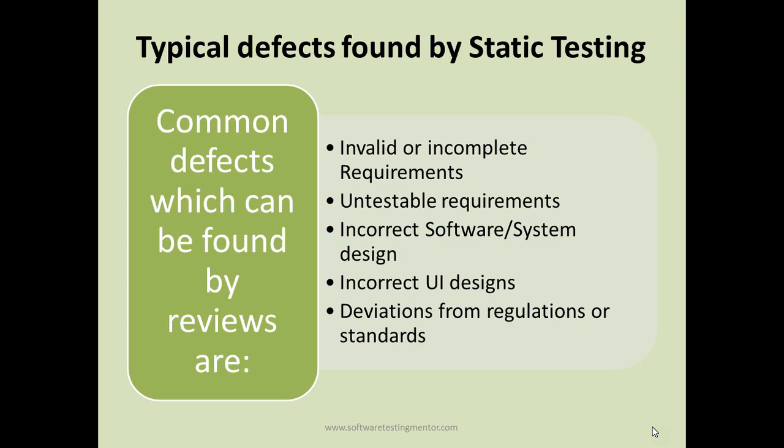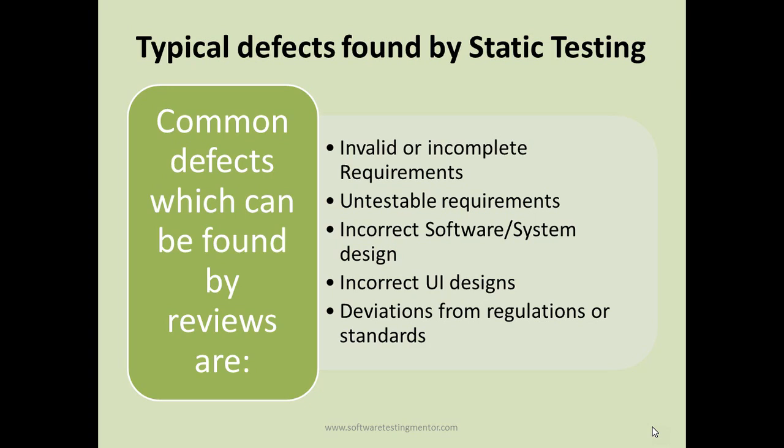So the more testable requirement for this kind of performance would be, suppose there are 100 users logged in on the system at the same time, concurrent users. The response time of the e-commerce website should not be more than 5 seconds.